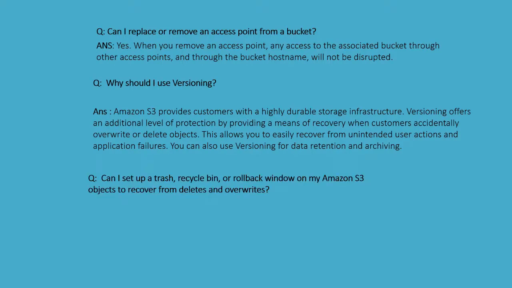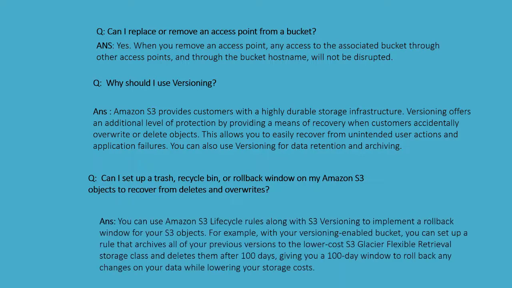Can I set up a trash or recycle bin rollback window on my Amazon S3 objects to recover from deletes and overwrites? You can use Amazon S3 lifecycle rules with S3 versioning to implement rollback windows for S3 objects.